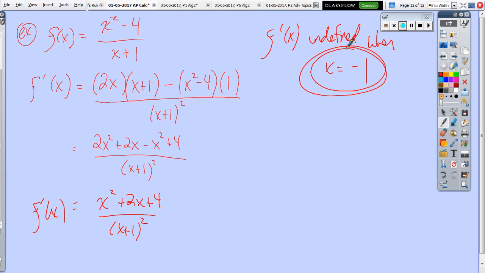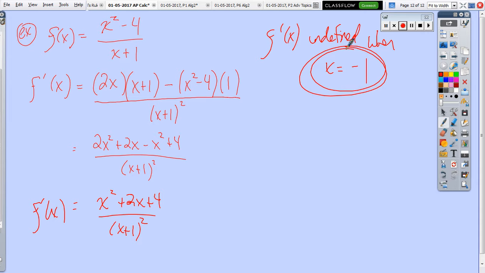Where is f prime of x going to be equal to 0? Where the top is 0. Unfortunately, I don't think the numerator is factorable. I believe it's prime, so we have to use the quadratic formula to find your other two. Those are the three critical points you have.